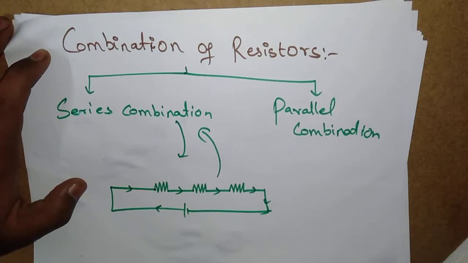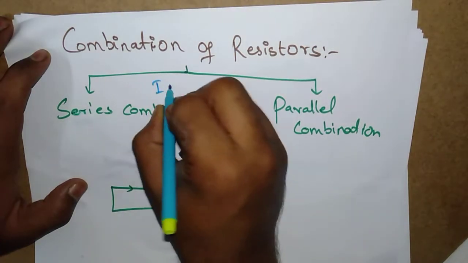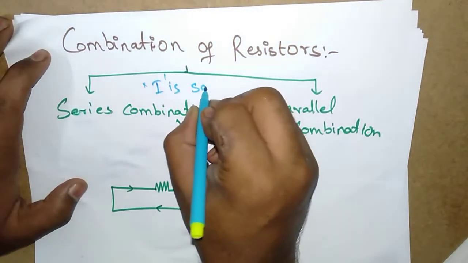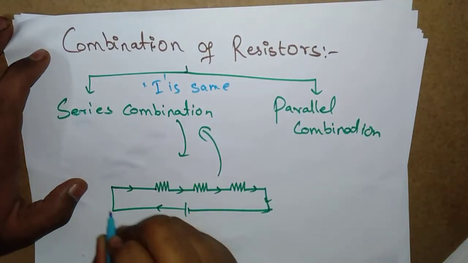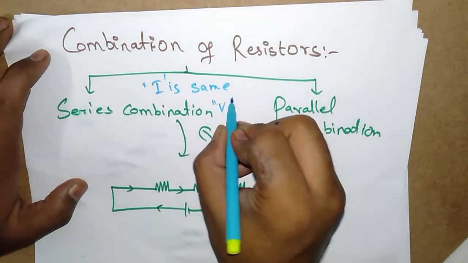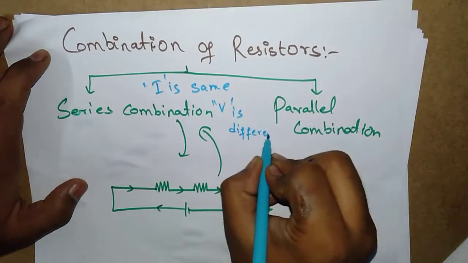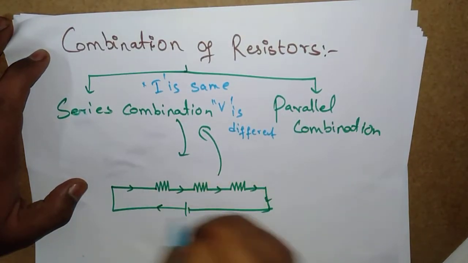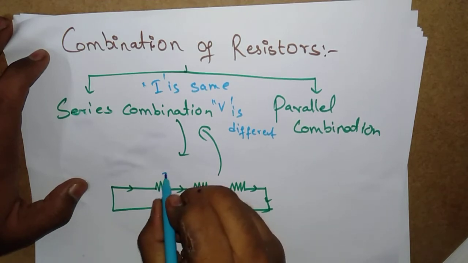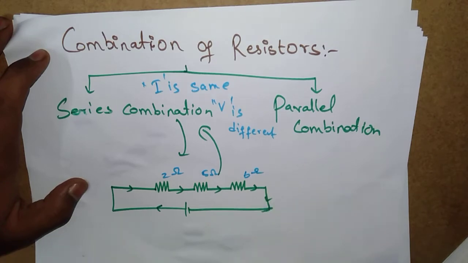In series combination of resistors, always remember the current is same, I is same, because the current is flowing in only one direction. But the voltage is different, because the resistors have different values, it may be 2 ohms, 5 ohms, 6 ohms or 7 ohms, any magnitude.